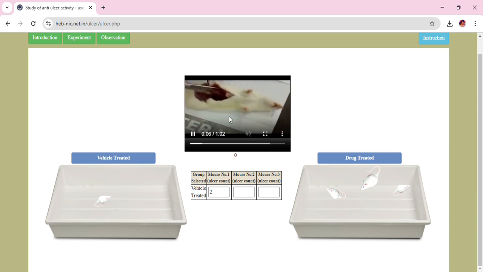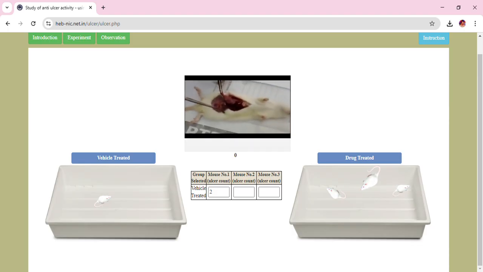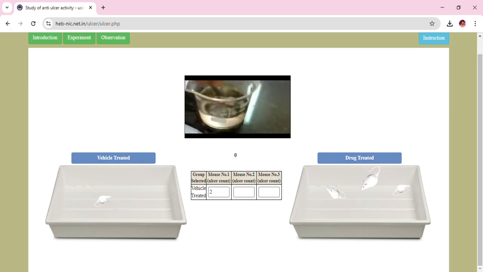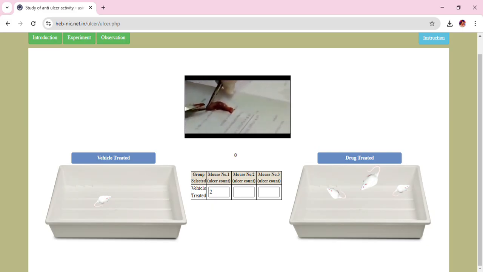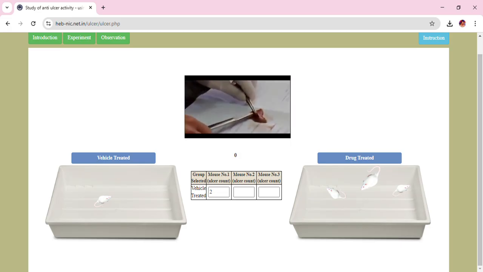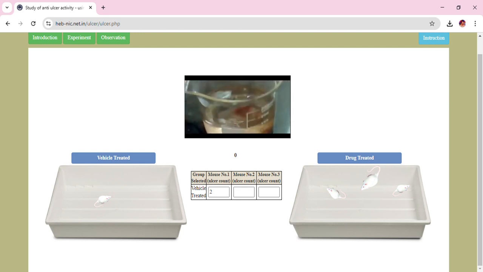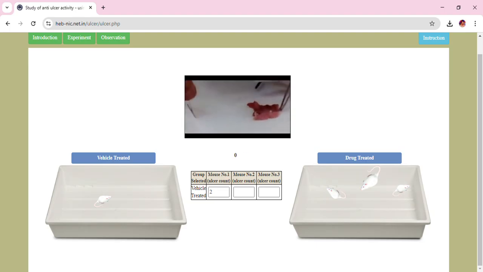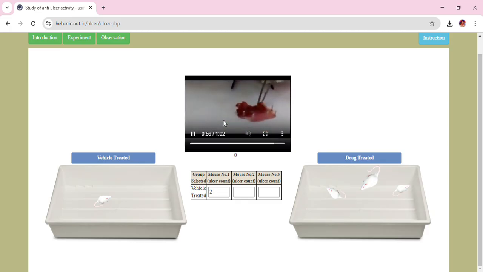Again, dissect the abdominal cavity, isolate the stomach, wash it with the vehicle, give a cut to the greater curvature part, drain out all the gastric content into the test tube, wash it again, and with the help of pins mount the stomach tissue on the board, and again count the ulcers from the same area.